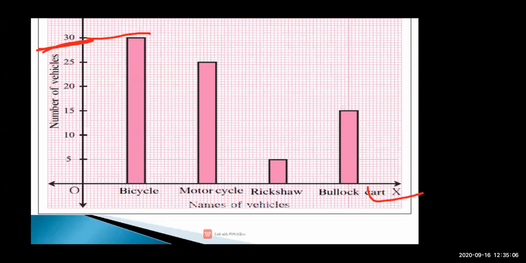See how you will write the name. You will leave one box. See here, you will leave one box and then you will write the name. Then leave one box, then write the name. So downward here bicycle, here motorcycle, your rickshaw, your bullock cart, you have to write downward by leaving one box.